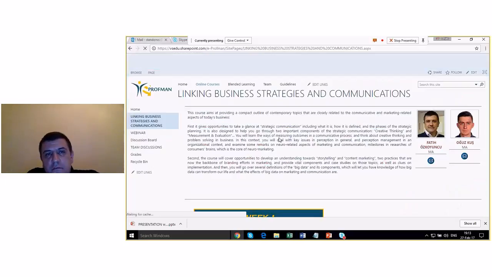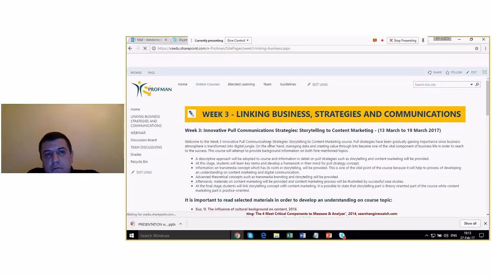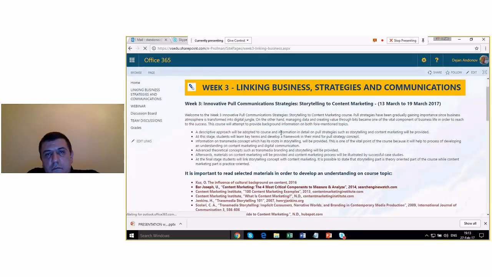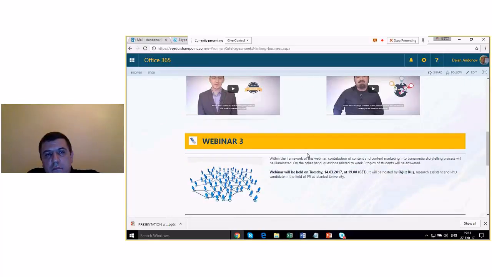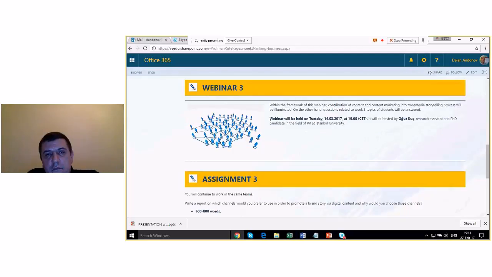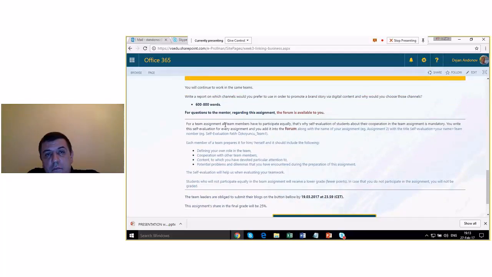So as you can see, in all weeks there is a very similar structure. For example, in week 3, there is a short description of the course, then the links to the literature, the links to the videos, where and when the webinar will be held and who will be responsible for it, and an explanation of the assignments.